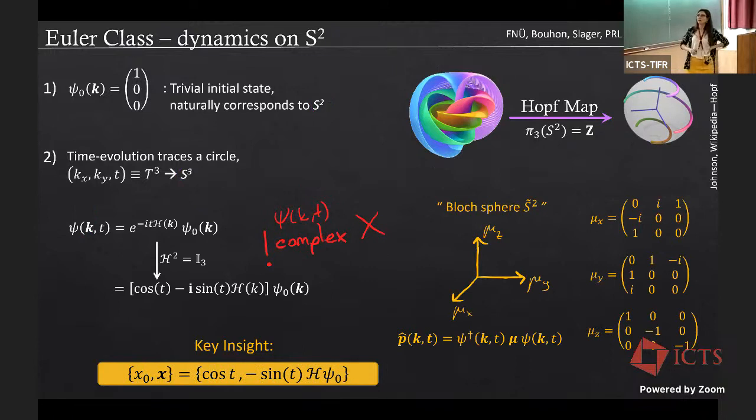But what is going wrong is that when I start evolving this wave function, although it was completely real at initial time, it's going to become complex. And if it is complex, I cannot express it on an S2 sphere. It has to stay real. That was the map that I was considering initially.